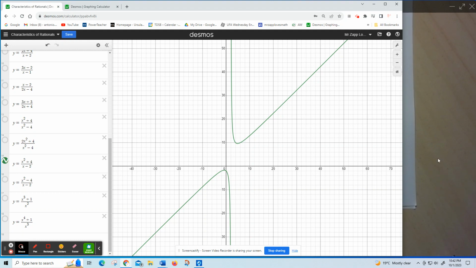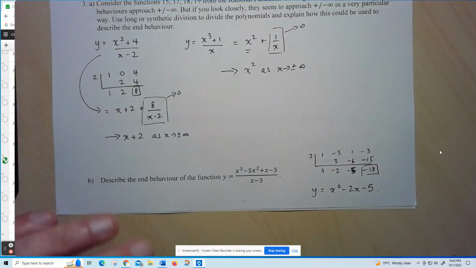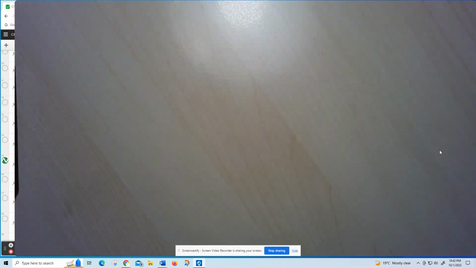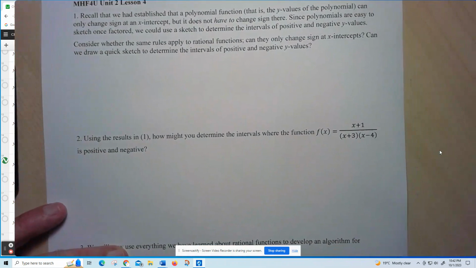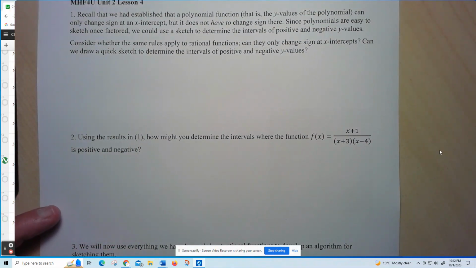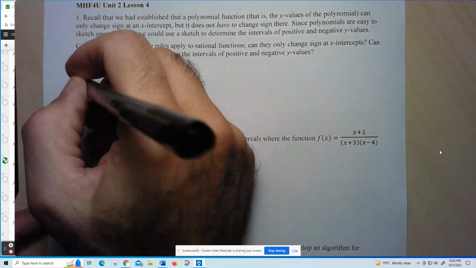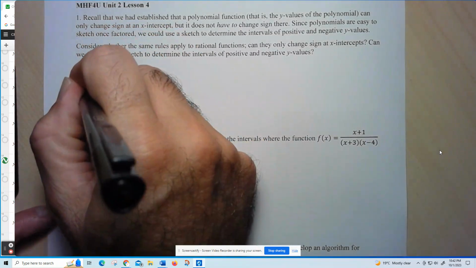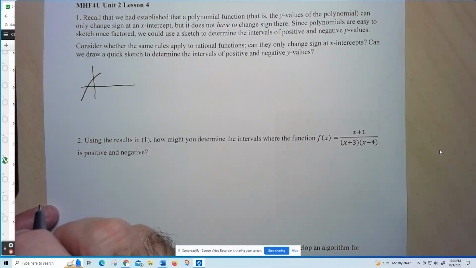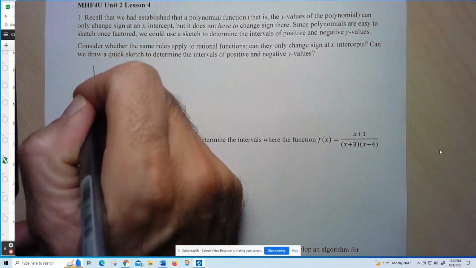All right, so let's go talk about that other question that I left you with, this idea of sign. So we know that a function can certainly change sign at an x-intercept. Okay, there you go.